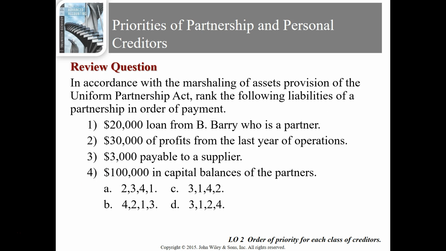Review question again. In accordance with the marshaling of assets provision of the Uniform Partnership Act, rank the following liabilities of a partnership in order of payment. A $20,000 loan from B. Barry, who is a partner; $30,000 of profits from the last year of operations; $3,000 payable to a supplier; $100,000 in capital balances of the partners.